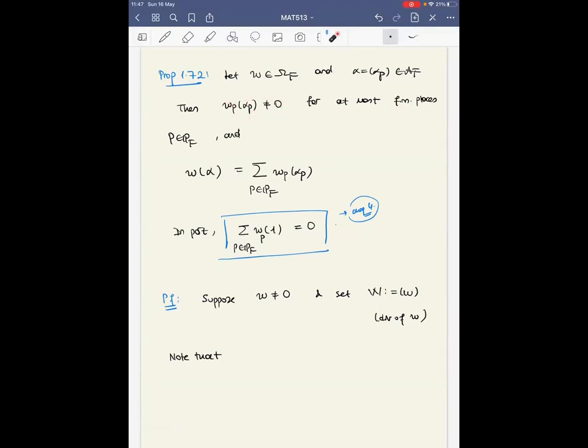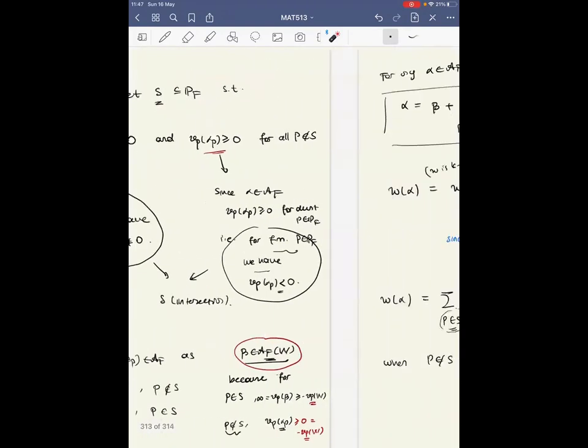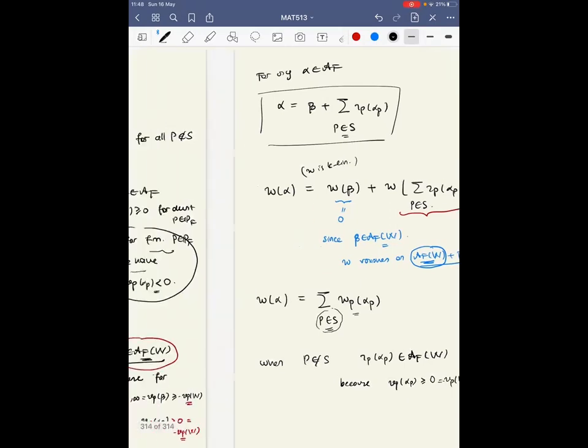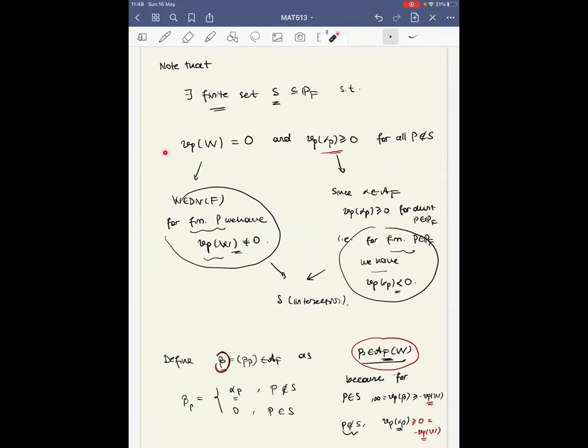So that means if we consider places outside this finite set of places, VP of alpha P is going to be 0. This is the thing we want to see here. So when P is outside of S, iota P of alpha P belongs to the adele space of the canonical divisor, because we can easily verify that VP of alpha P is bigger than or equal to 0, which is nothing but minus VP of W, thanks to our setting.